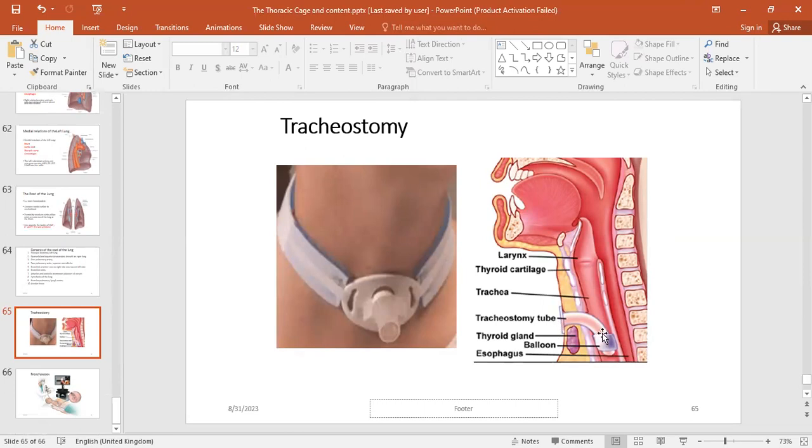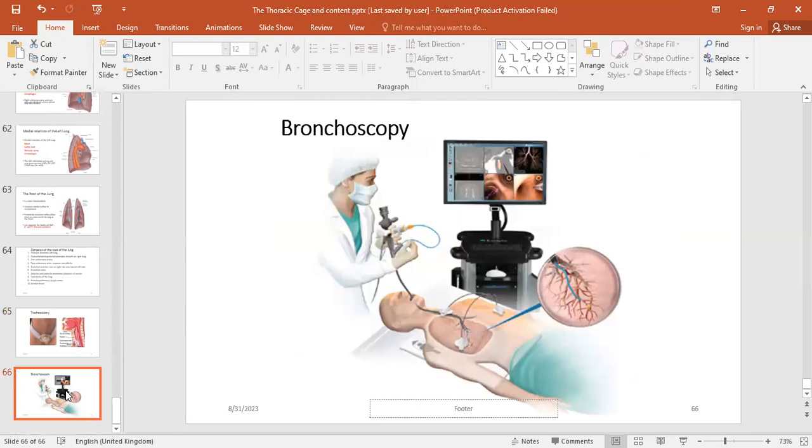A tube is inserted, the balloon is inflated, then air will pass through this tube to reach the lower respiratory tract. Here we're seeing endotracheal tube intubation being done on the patient, trying to visualize the lower respiratory tract. Okay, so that is it about the lungs.